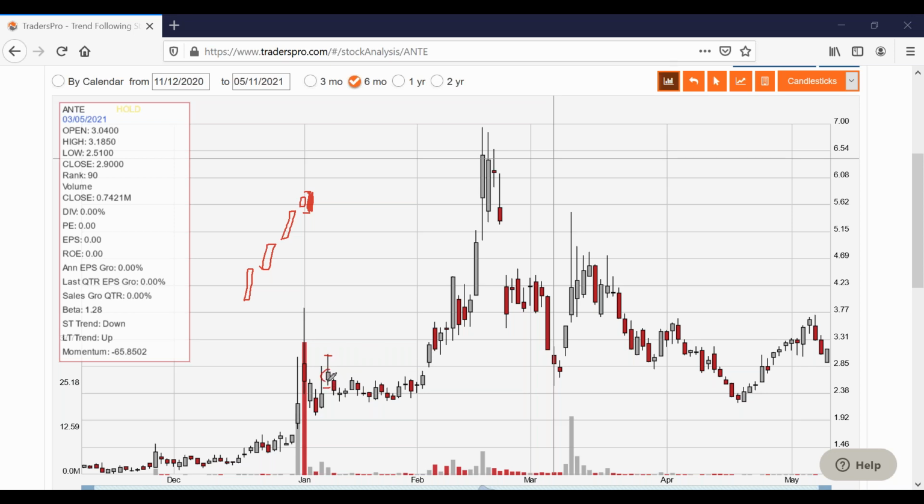You have the body of the candle, which is the one that's colored in this case in gray and then in red, but you also have these little extensions that come out. Ideally, you'd like to have all of it contained, meaning if this had a little extension up that day and a little extension down that day, you'd like to see it gap up above all of it and close below all of it and totally engulf the day before. Okay.